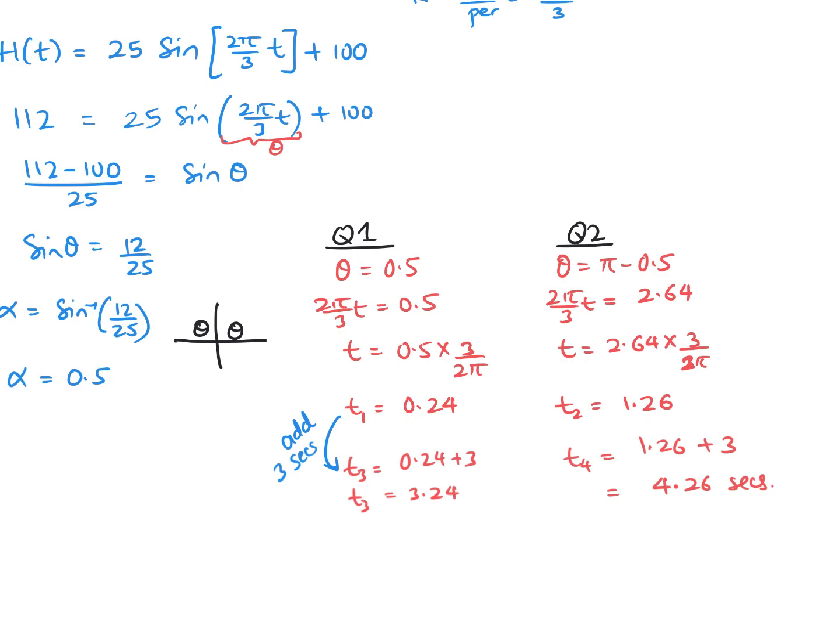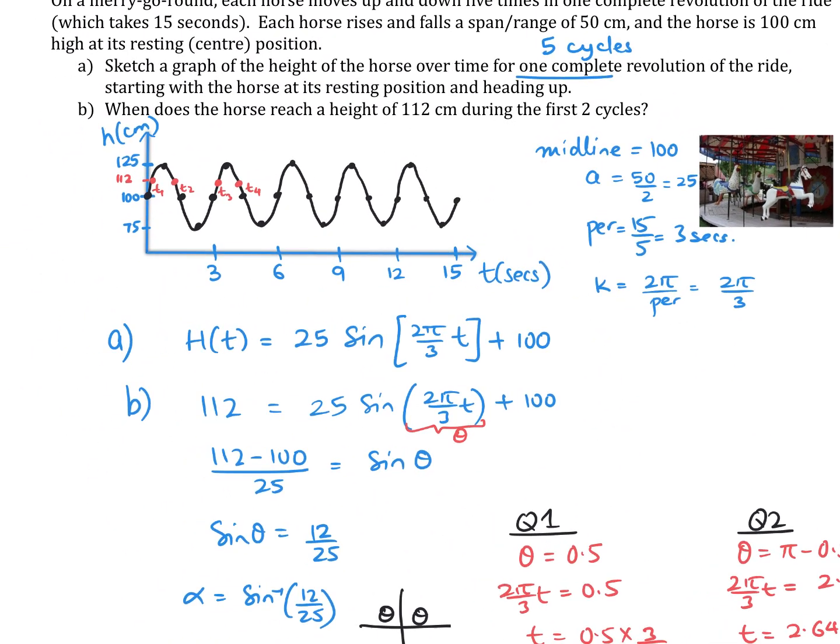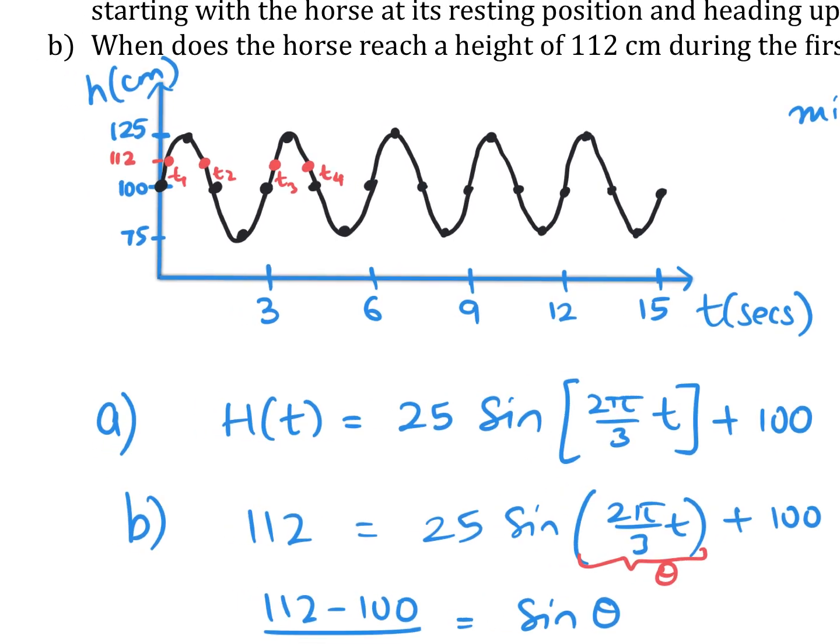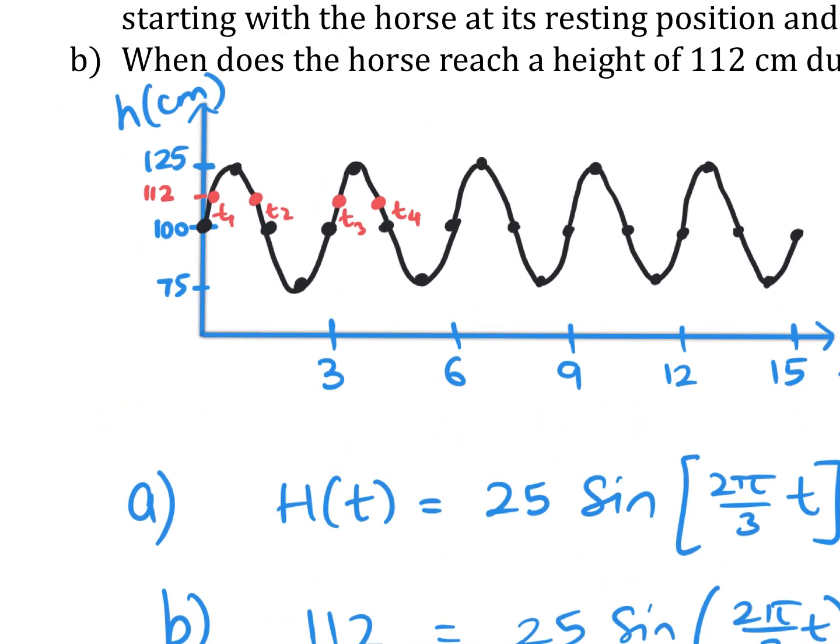So let's go ahead and confirm it from our graph. We can see that these values look very accurate to our calculated values. The first one is 0.24 seconds. The second one is 1.26 seconds. The third one is 3.24 seconds. And the fourth one is 4.26 seconds.